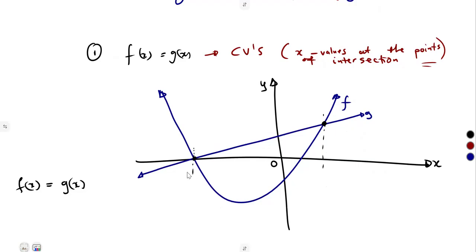If we have, let's say, -4 and this point is 3, the x values are -4 and 3. So meaning to say, for our f of x to be equal to g of x, at the point of intersection, x is supposed to be equal to -4, or x is supposed to be exactly equal to 3. Here it is a coincidence that the point of intersection is also an x-intercept.